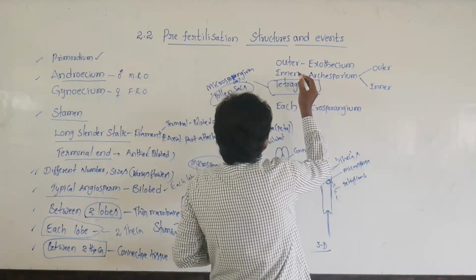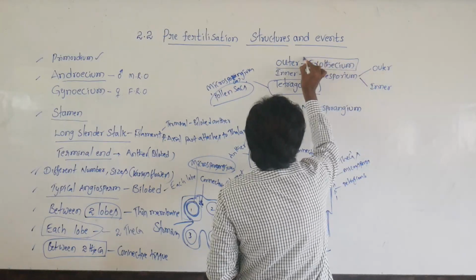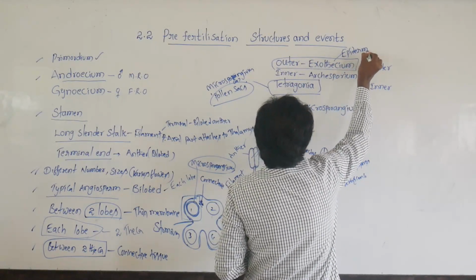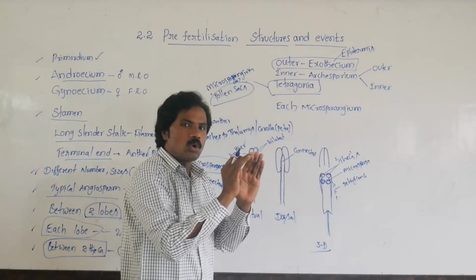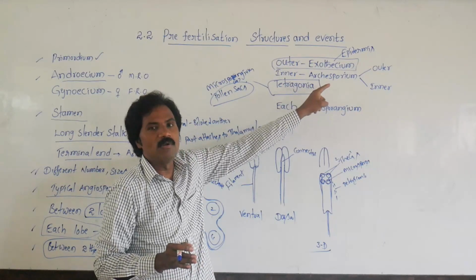In the microsporangium, in the tetragonal outer region, the exothecium is formed, otherwise called the epidermis. It is present throughout all the membranes. The inner archesporium will be present.